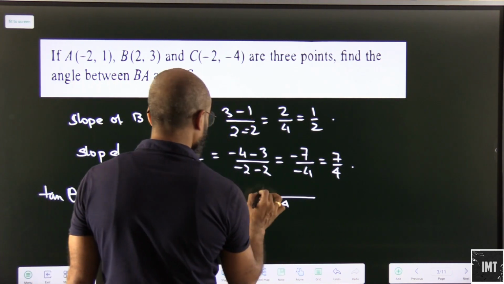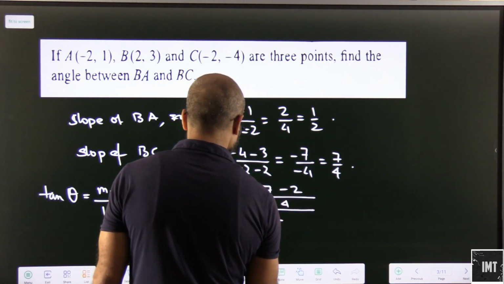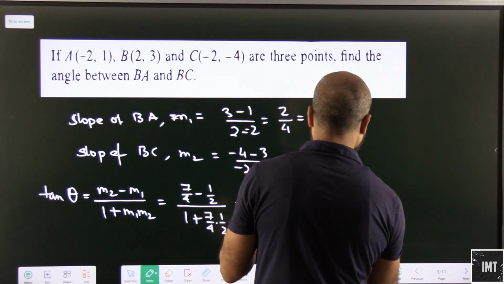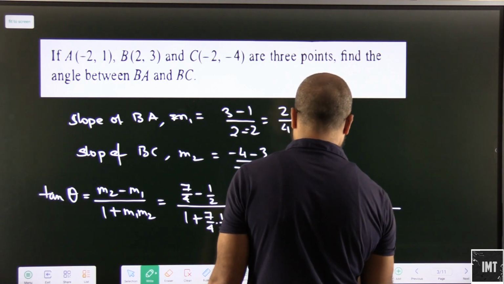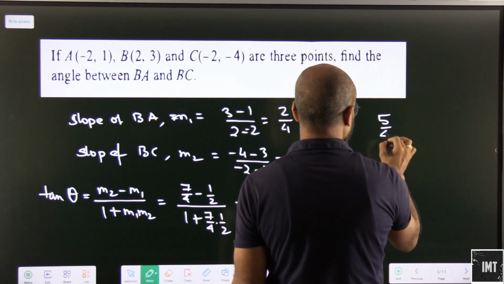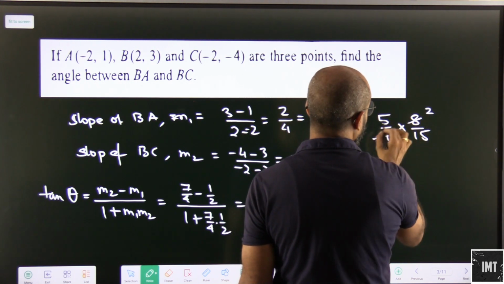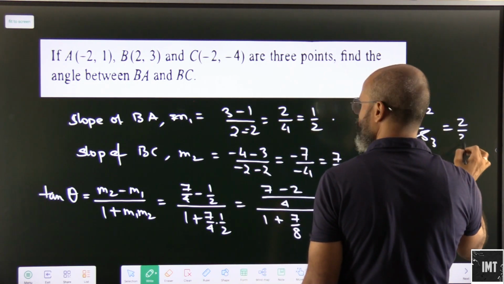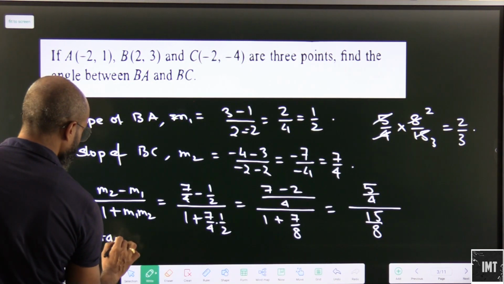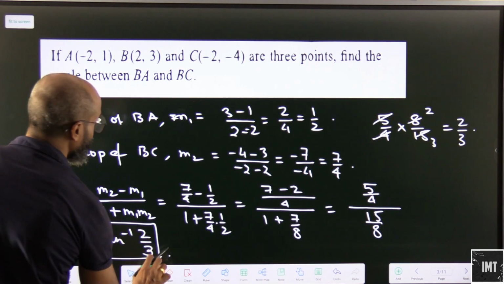This will be (7 minus 2) by 4, and this will be 1 plus 7 by 8. 7 minus 2, that is 5 by 4, upon 8 plus 7, that is 15 by 8. So this will be 5 by 4 into 8 by 15, that's 4 2s are 8, 5 3s are 15, so that will be 2 by 3. So this theta is going to be tan inverse of 2 by 3.